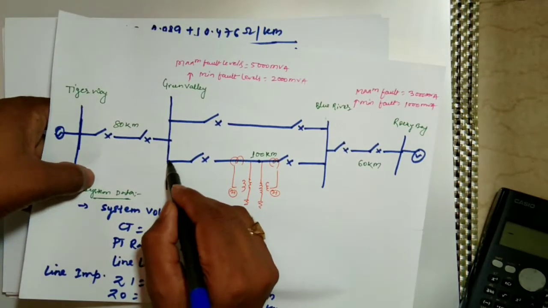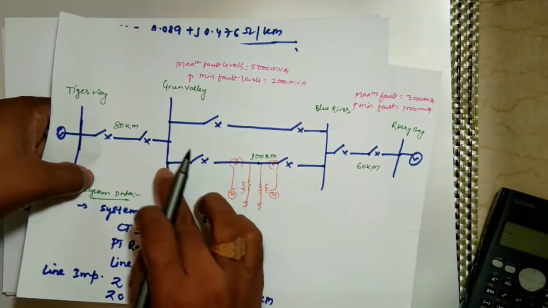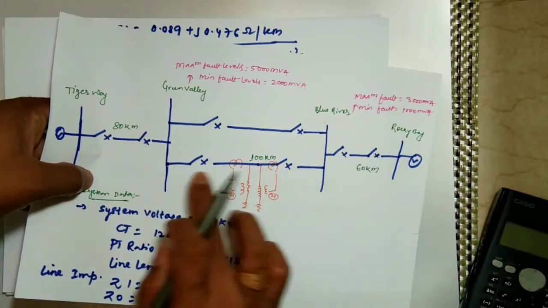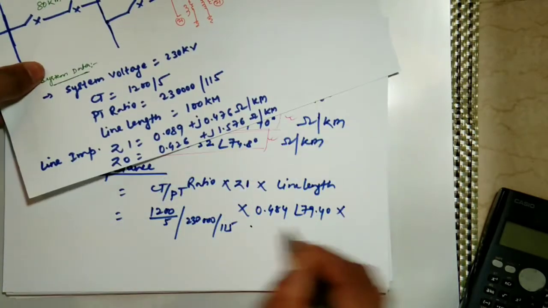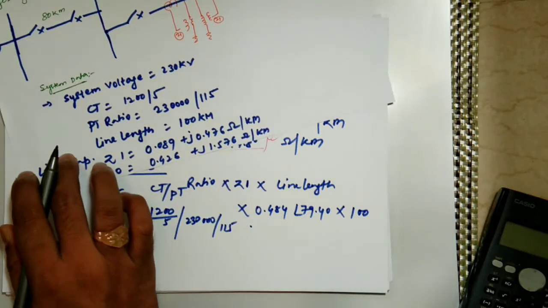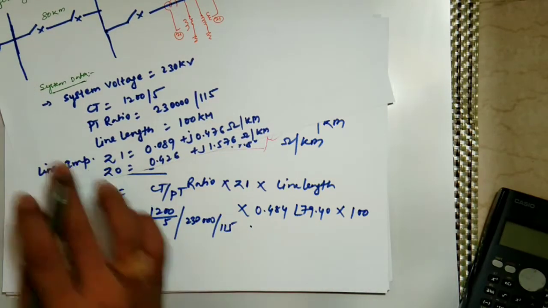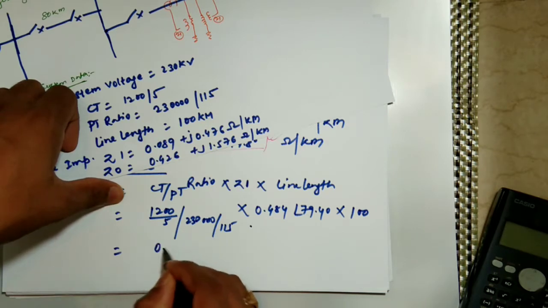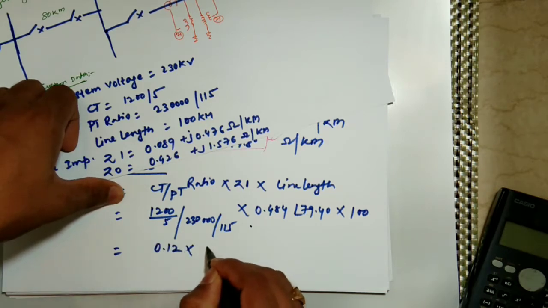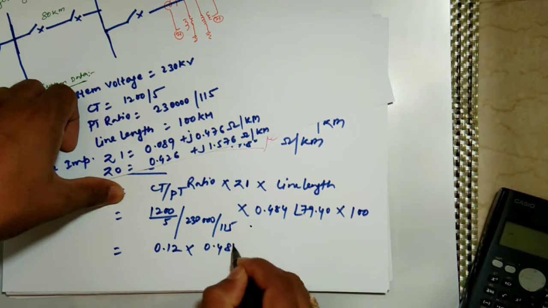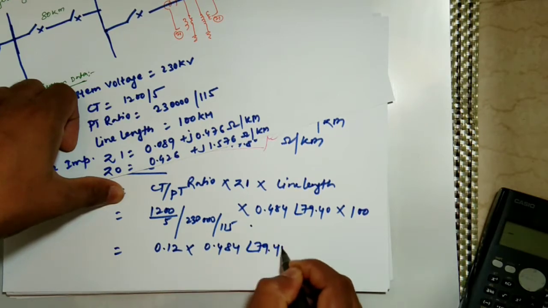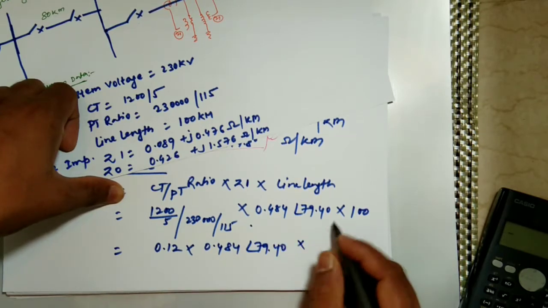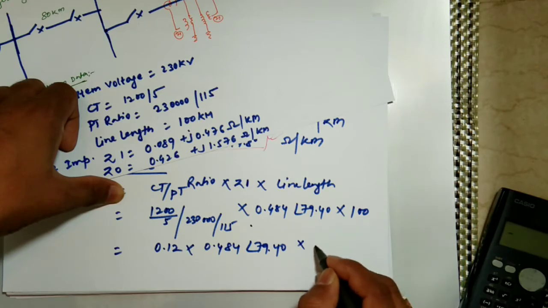You can see we are going to protect this line from Green Valley to Blue River, so line length will be 100 kilometer. So I will multiply it with 100 kilometer. If you divide this value, you will get the CT by PT ratio as 0.12, into 0.484 angle 79.4 into 100 kilometer.